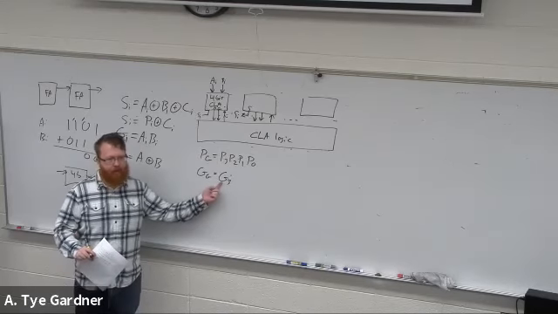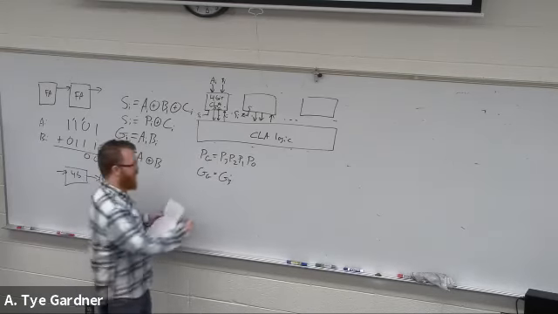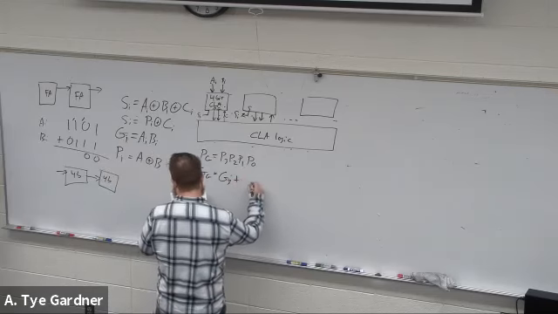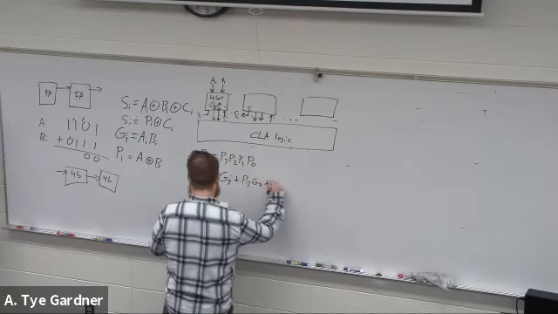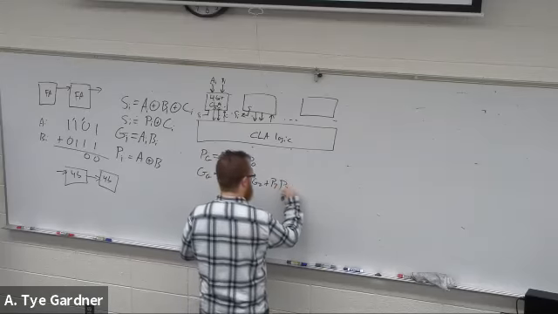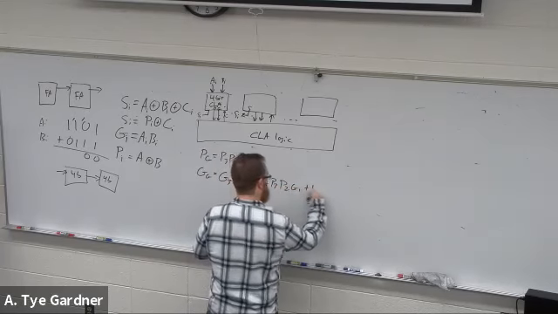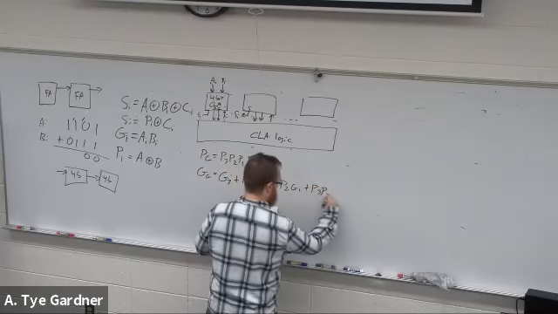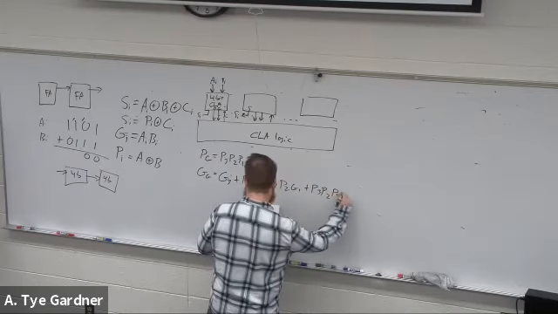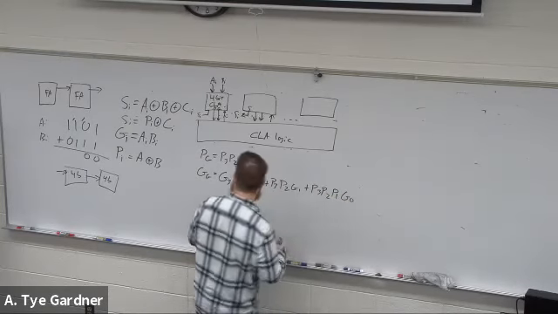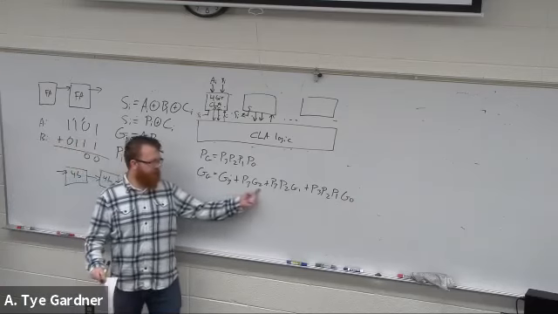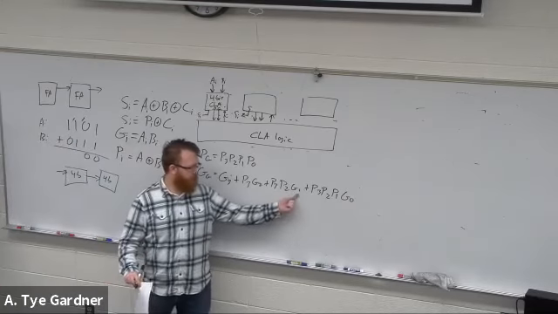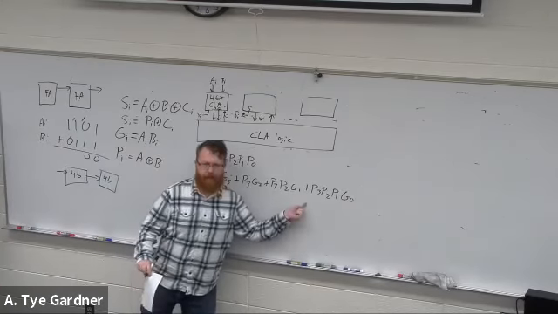That's the only one I care about, because otherwise it's a propagation function. Or generate. Did I make one? Did the second one generate and propagate? Generate, propagate, generate, propagate, right?